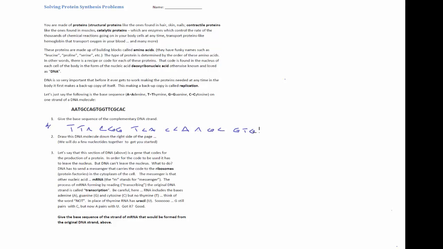So, next question. Draw this DNA molecule down the right side of the page. And again, you don't have to do the entire strand, but just give me the idea that you know what you're doing here. DNA, as you know, is a double helix. Down the sides of the ladder, you've got this sugar phosphate, sugar phosphate, sugar phosphate. So the sugar that we're talking about here is deoxyribose, and it's attached to a phosphate.